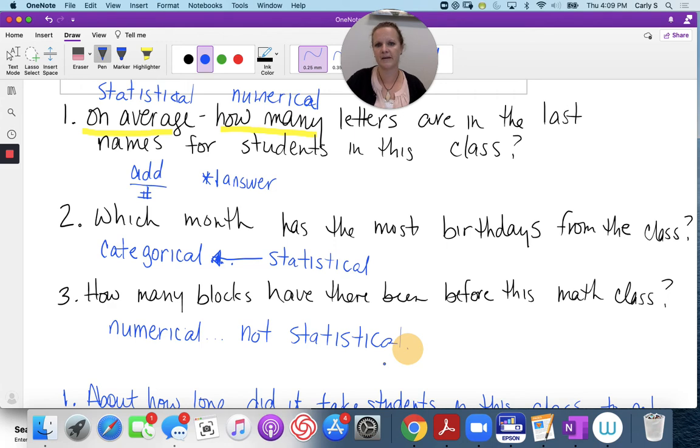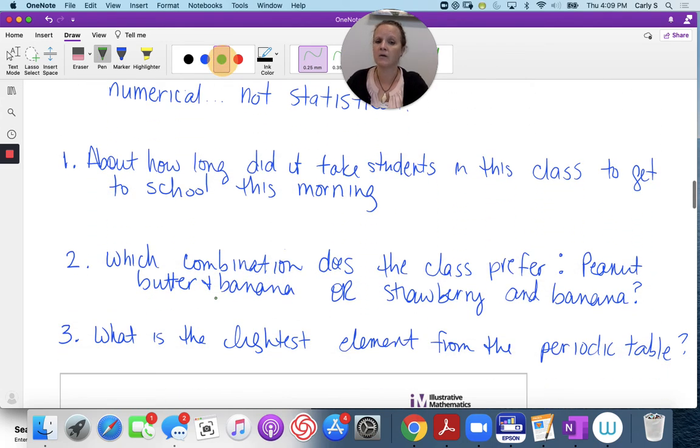Okay, let's try another example. Let's change pen colors. About how long did it take students in this class to get to school this morning? About how long? So we are statistical, and numerical.